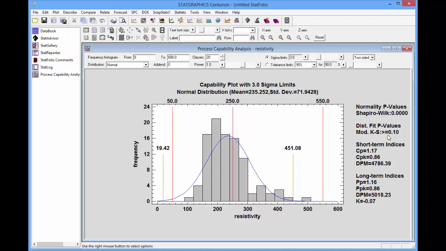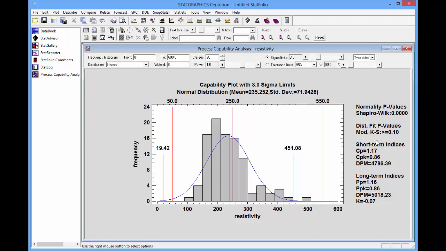The output, though, does show that the KS p-value is greater than or equal to 0.10. In that case, we would not reject the assumption of normality. Since the Shapiro-Wilk test is the more powerful test, we'll have to conclude in this case that the data do not come from a normal distribution.